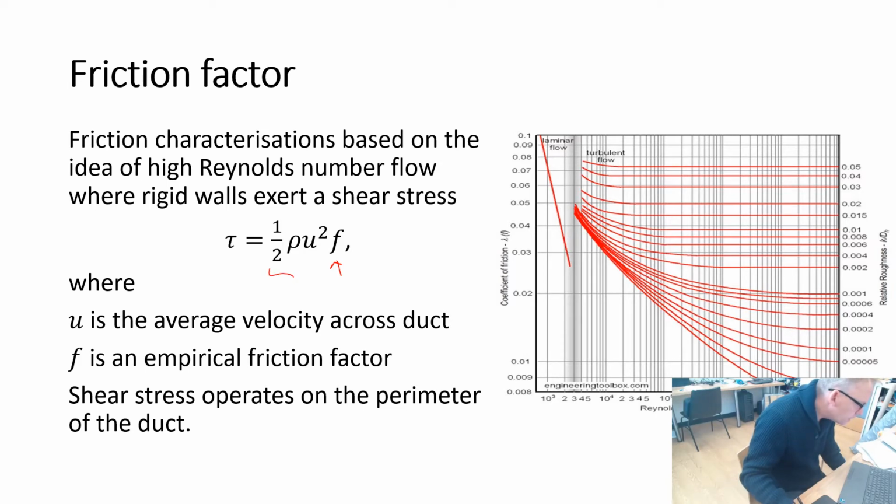This is a measure of the static pressure in an incompressible flow. And f is this dimensionless friction factor, which is an indication of essentially the drag on the wall itself.